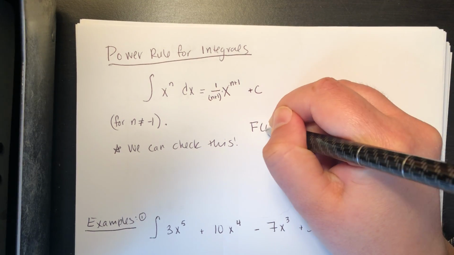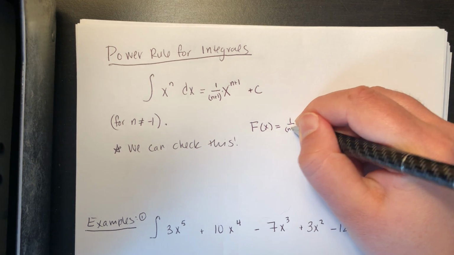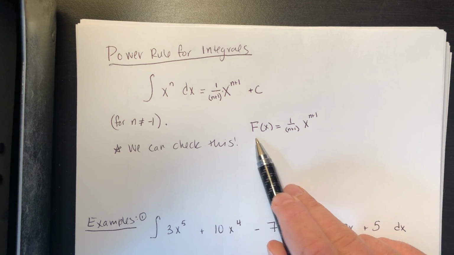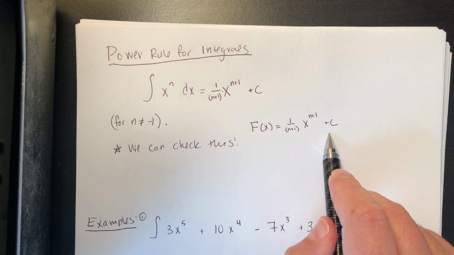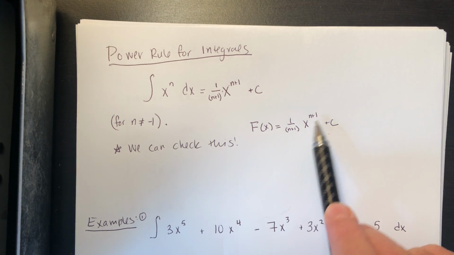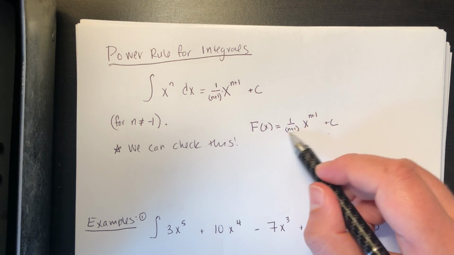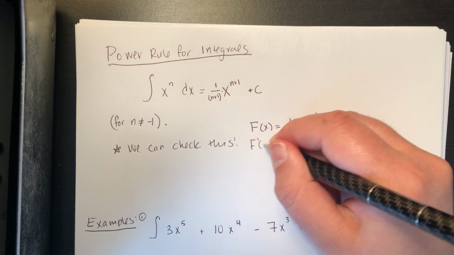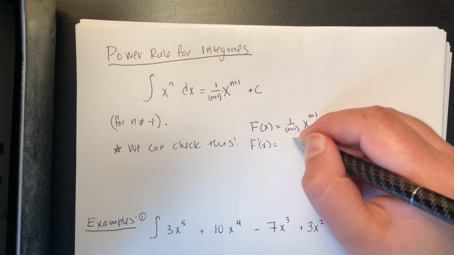Let big F of x, the antiderivative, be 1 over n plus 1, x to the n plus 1, plus c, and we can check that when we take the derivative of this function, we should hopefully get x to the n back. So let's take this derivative using the power rule. We multiply the coefficient times the old exponent, and we get that F prime of x, the derivative, is going to be 1 over n plus 1 times n plus 1.